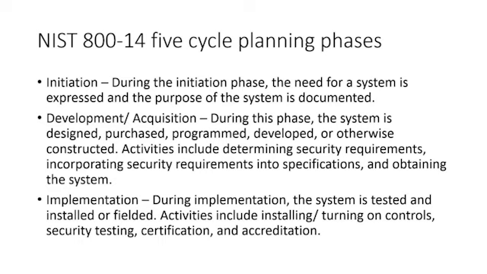And that's what I mentioned earlier with those other steps. We're talking about incorporating security requirements into specifications and then go ahead and obtain the system. So we're going to look at our requirements for what we need in our organization, our infrastructure, what policies we have, and determine security requirements and go ahead and bring this in or develop it ourselves, but somehow we're going to obtain this system.